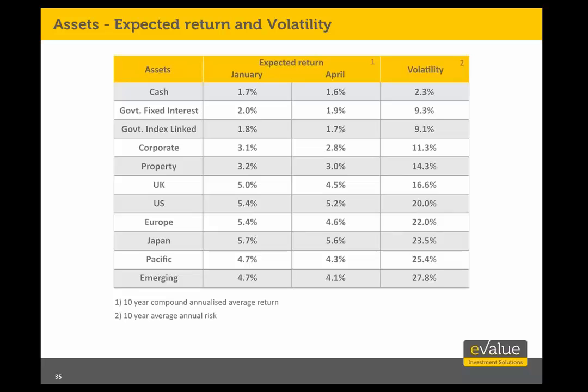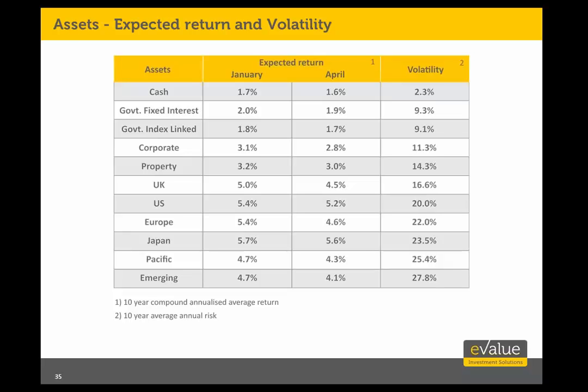And then finally, for those people like myself who like numbers, this is actually what it means in terms of the various asset classes at a high level that we model, with the change in expected return between January and April, and the volatility. Now these are 10-year, so the expected returns are 10-year compound annualized returns.